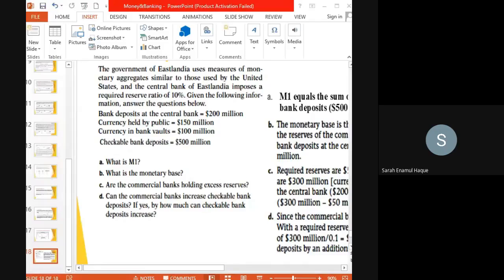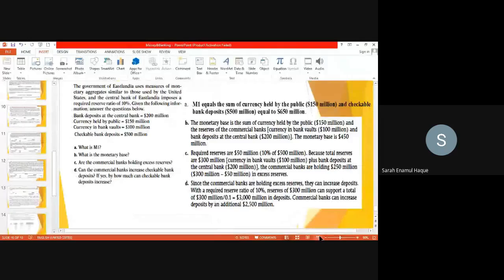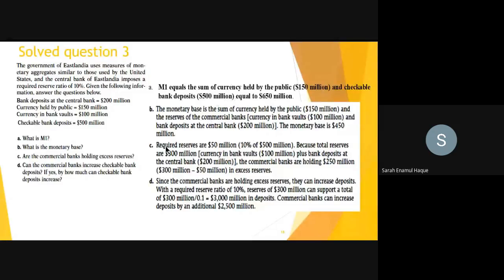So 250 million is the excess reserves that the commercial bank has. That's the answer. Okay, please go through this slide again, go through this math and try to practice it yourself. You'll see you understand it better.